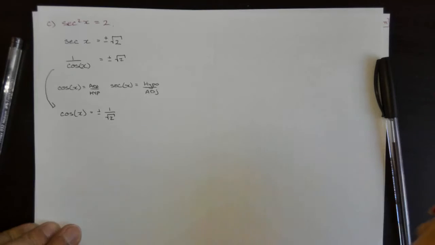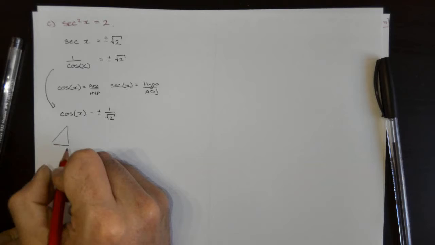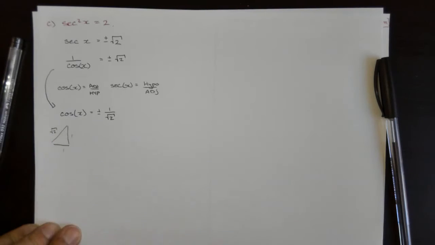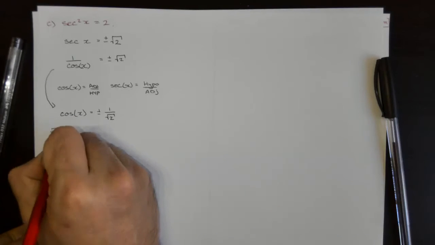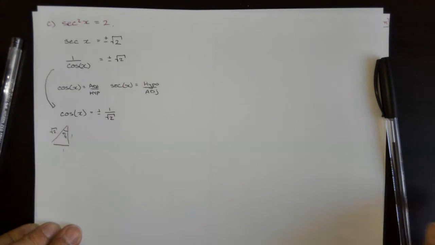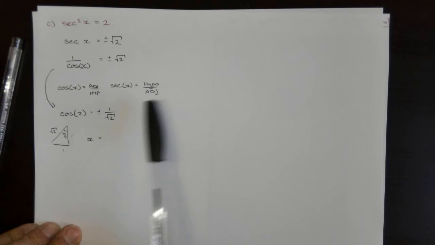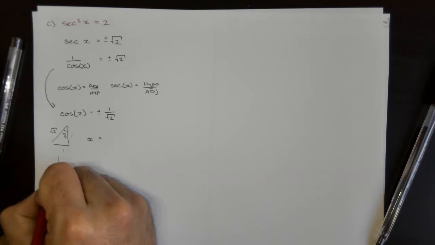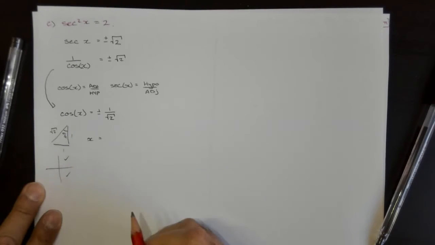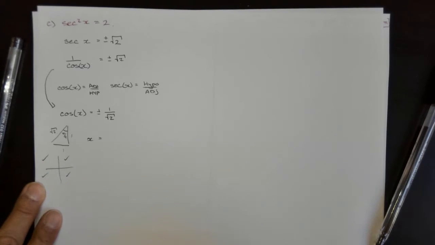And using our triangles, so 45, or pi on 4, we're in degrees, so 45 degrees. Okay, so x, now it's positive or minus. So really, cos is positive in the first and fourth quadrant, but it's negative in the second and third quadrant.